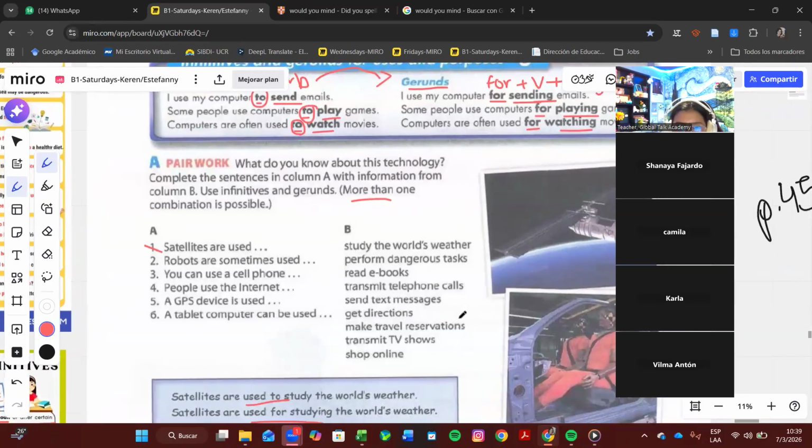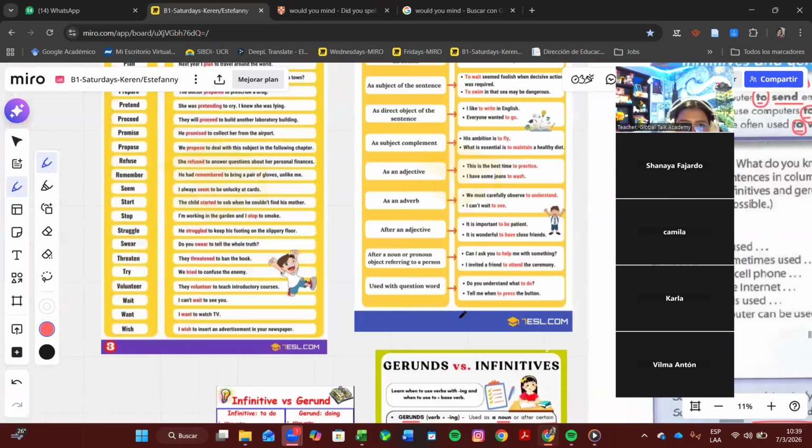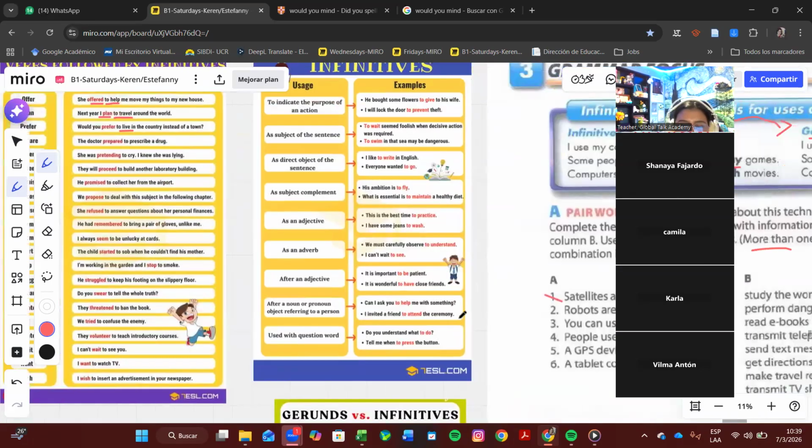Robots are sometimes used for. What do you think?